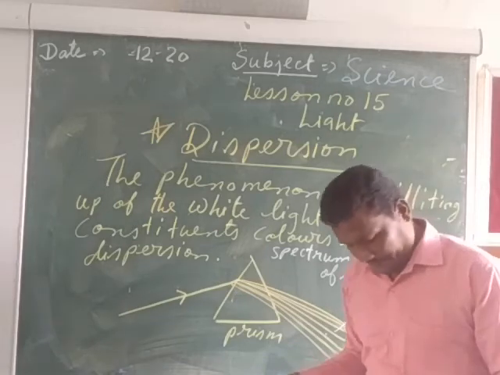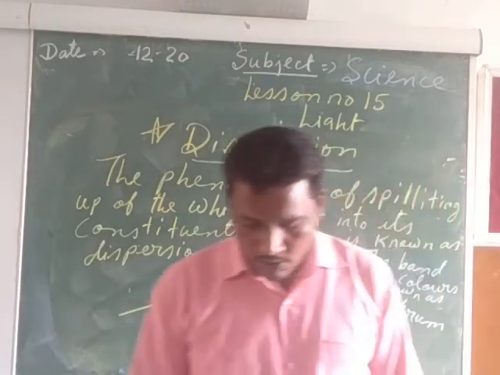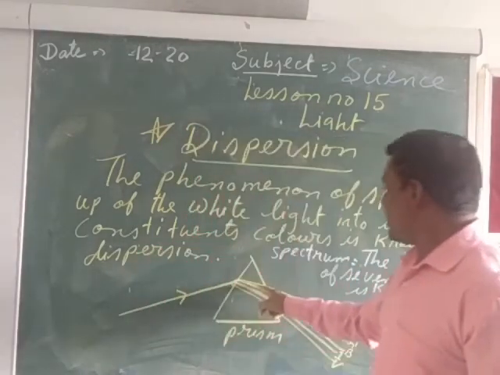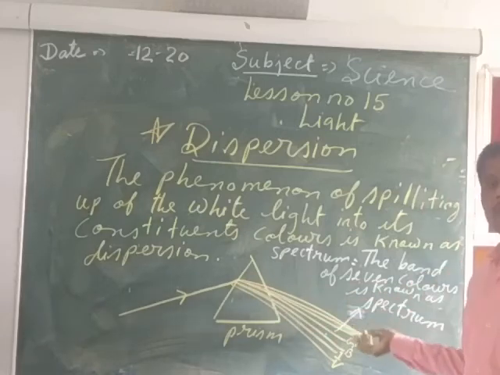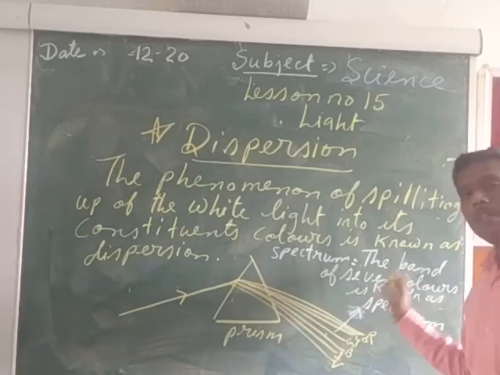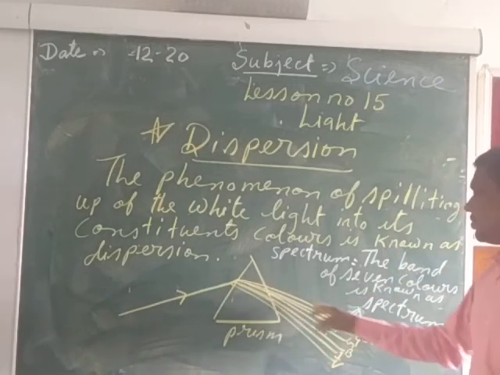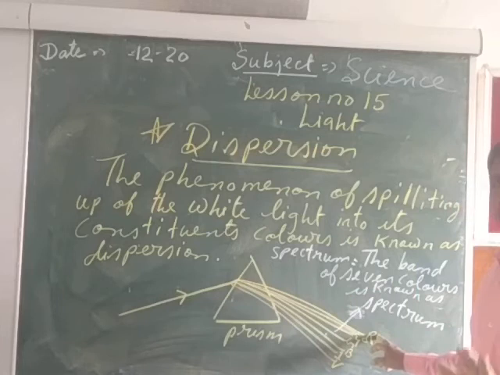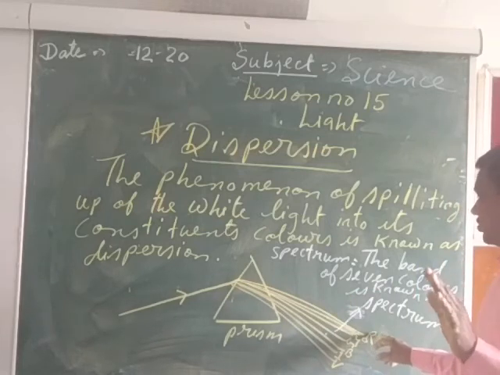See, my children, here each and every color is bending. Some colors are bending the least and some colors are bending the most. For example, the red color is bending less, so it is on the top.